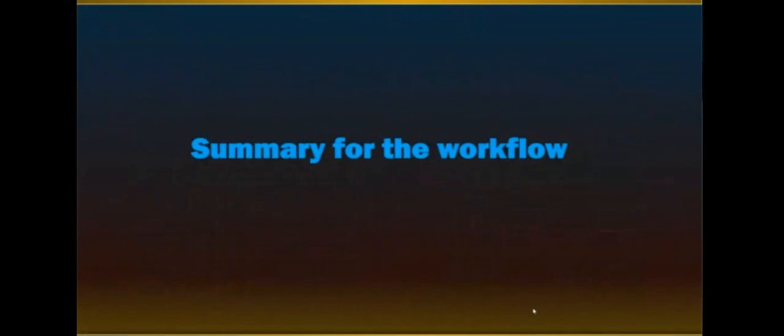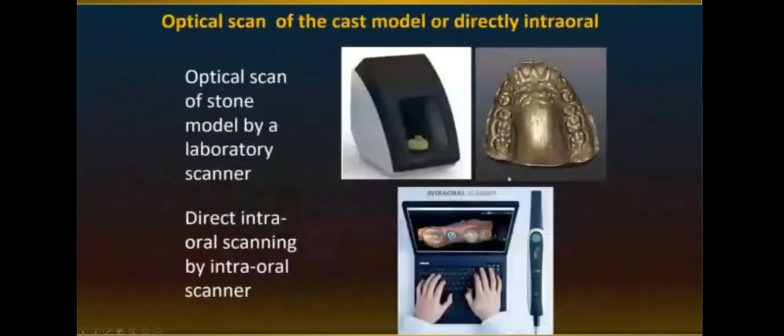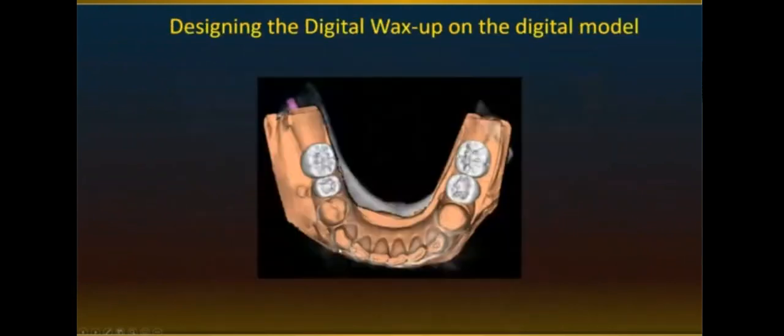So let's summarize the workflow that we should go through when having any implant case. First step, you should have an impression for the patient, whether a manual impression scanned on the scanner, or a digital impression directly from the patient's mouth. And you should make a wax up, whether digital or analog, but here it's digital.